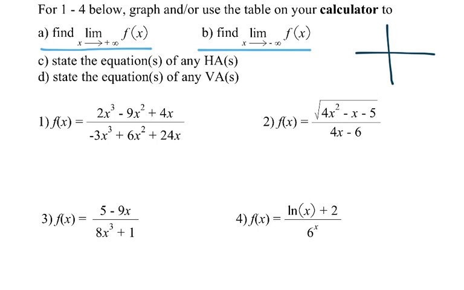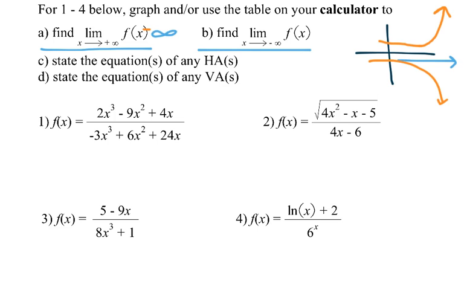So if our function is going up to infinity as it goes off the right hand side of the graph, so as x is approaching infinity, if our function is going up to positive infinity, then we would say that the limit as x is going to positive infinity is infinity. The second case is if the function is going to negative infinity. And then we would say as x goes to positive infinity, our function is diving down to negative infinity, so we just make that negative infinity.